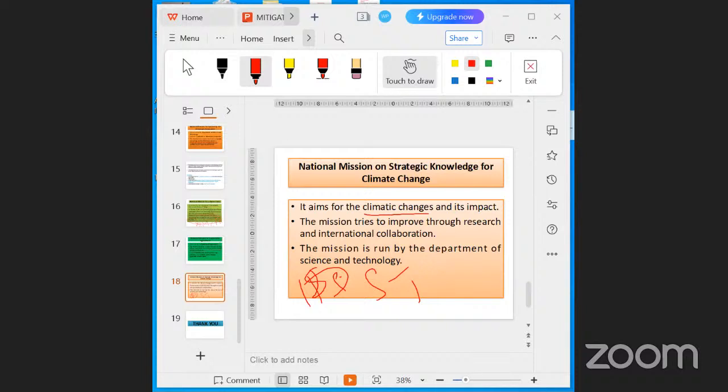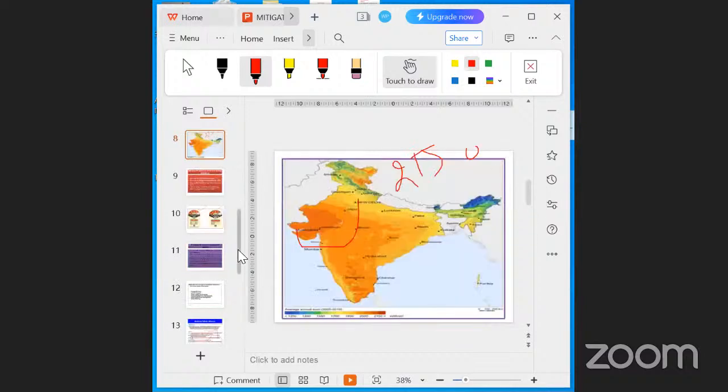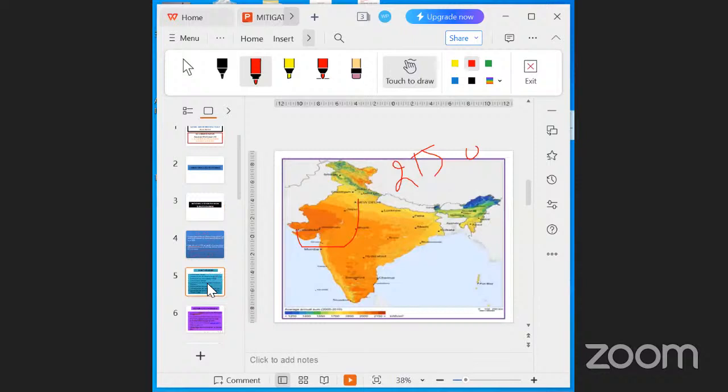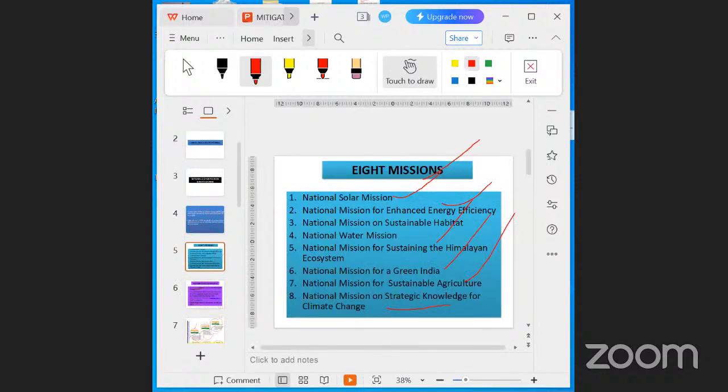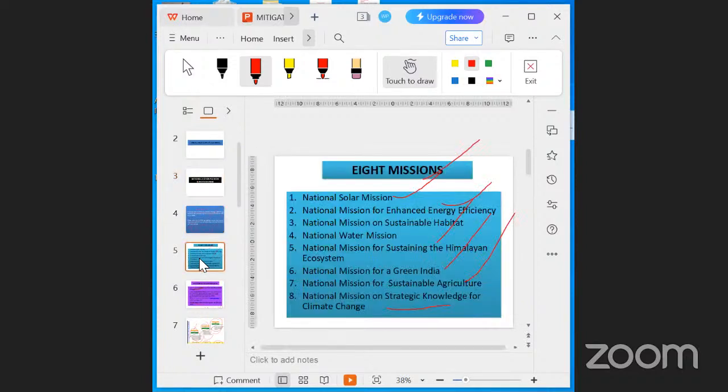So these are the 8 missions we have under NAPCC, okay? These are the important missions. In your examination, they're asking about the National Action Plan on Climate Change, or what is the National Action Plan? You should write these 8 missions under this NAPCC.